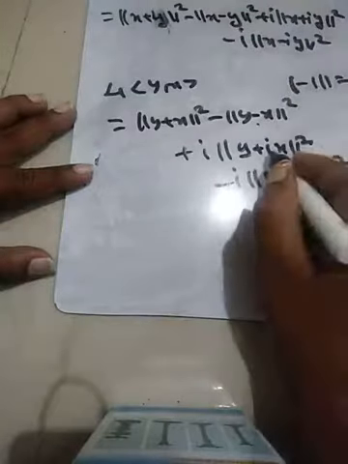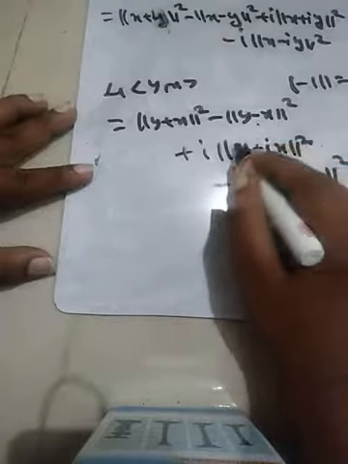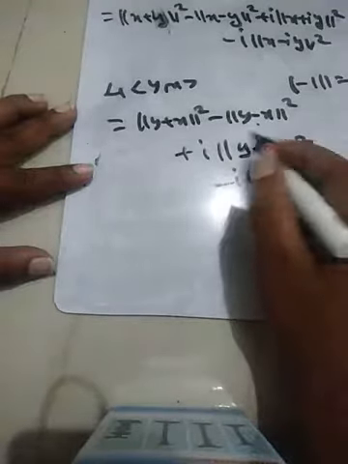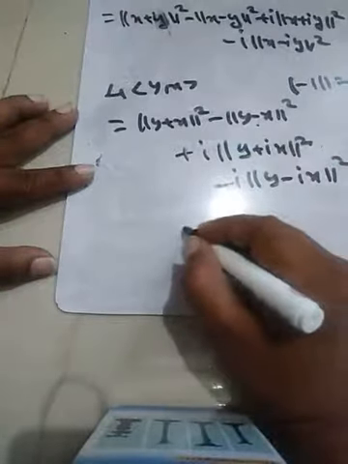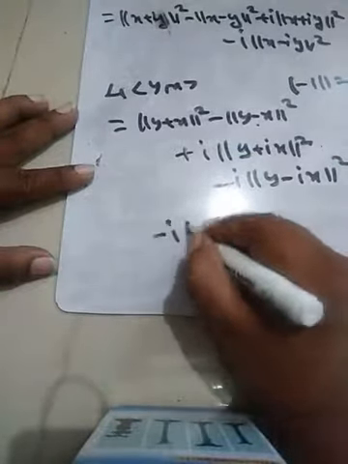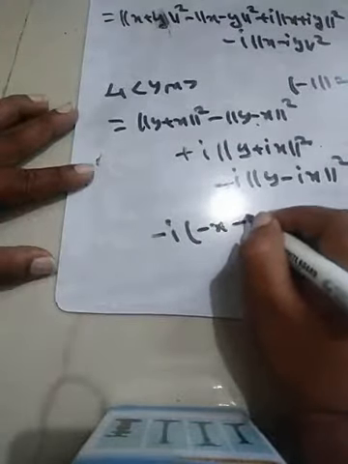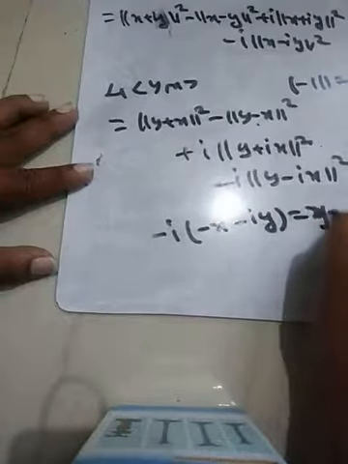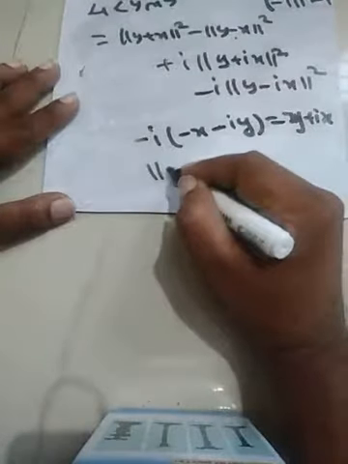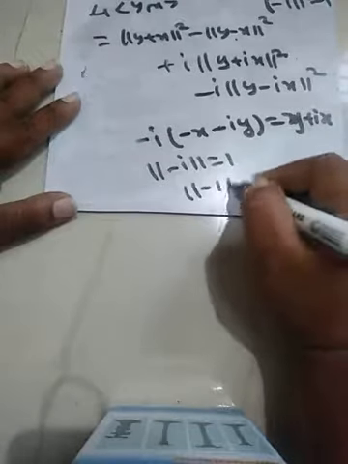From here, if you take minus i outside, this becomes minus i and so on. Observe that minus i times minus x minus iy is y plus ix, and norm of minus i is 1 and norm of minus 1 is also 1.